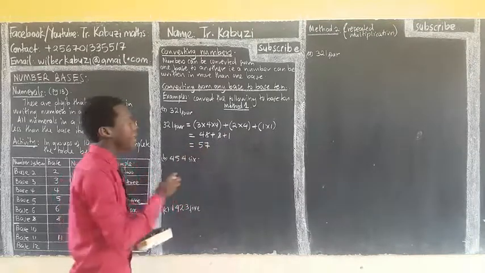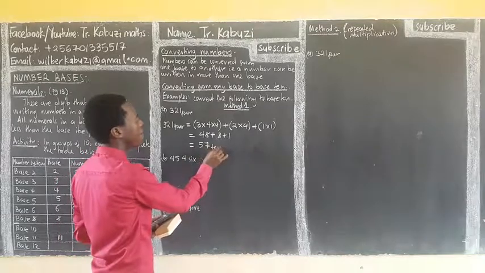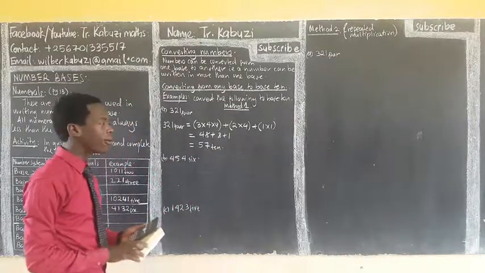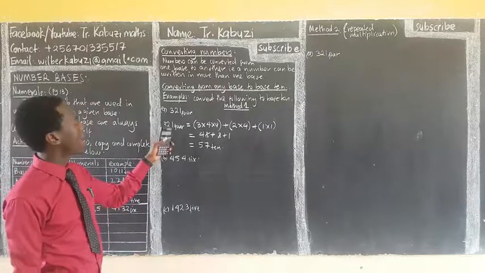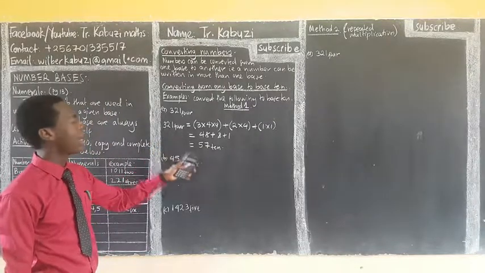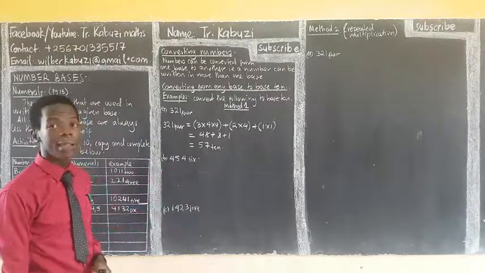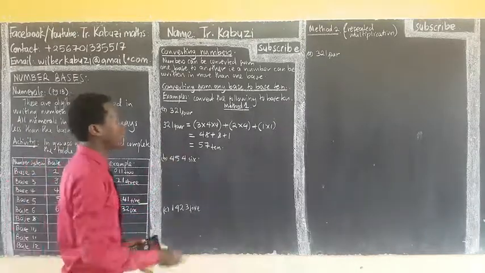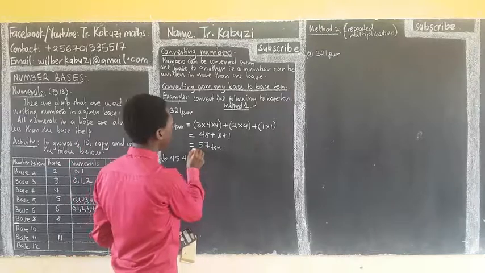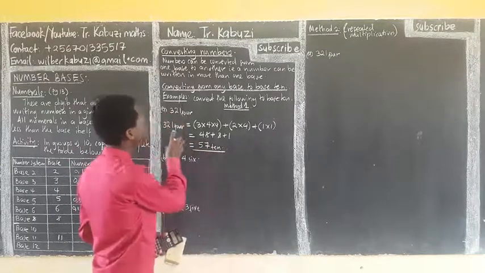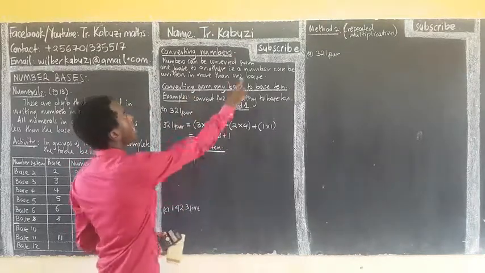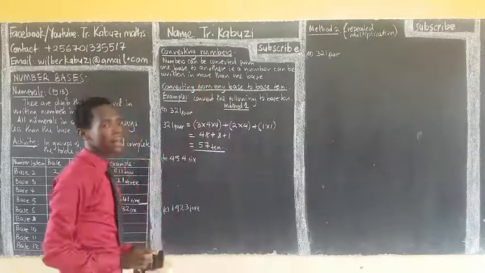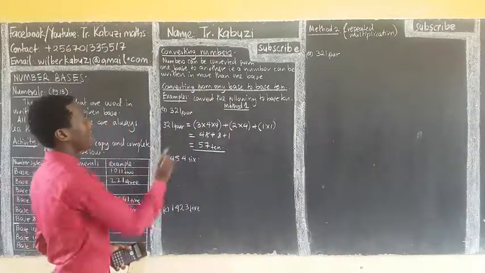Now this figure is going to be in base 10. So it means that we can write this number 3214 as 57 in base 10. Now we are first seeing how we convert to base 10, and then we will be very okay. So this is what we meant by a number being written in more than one base.